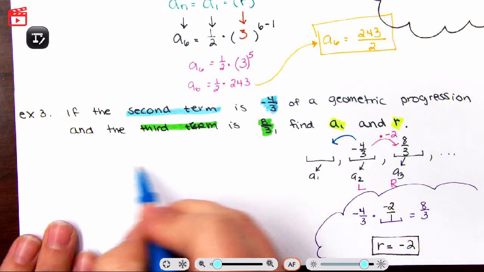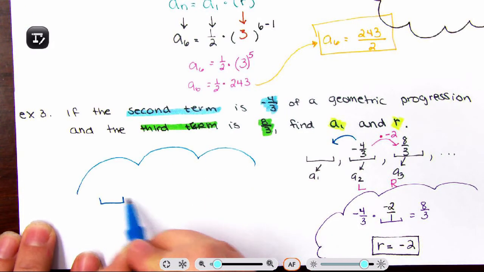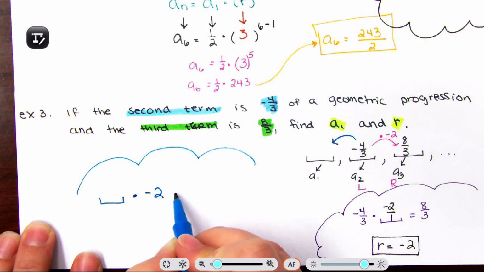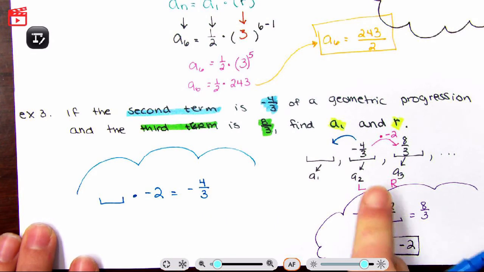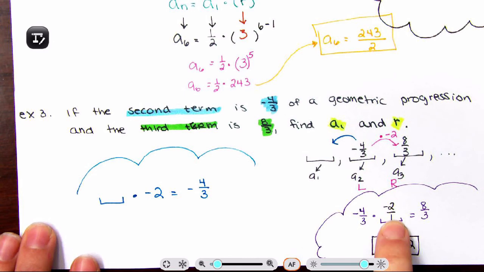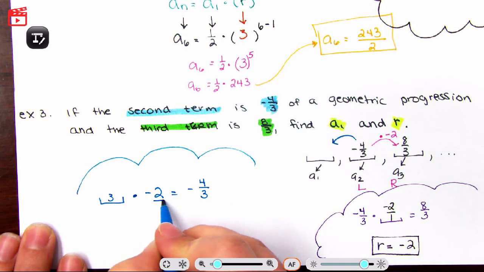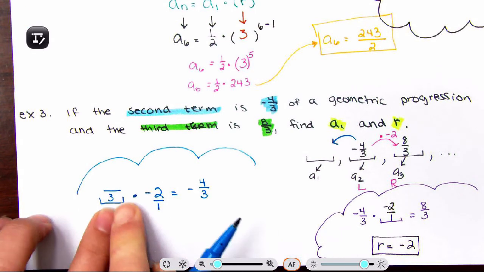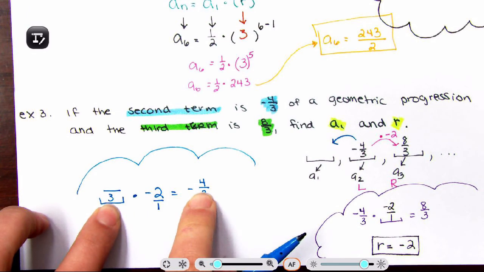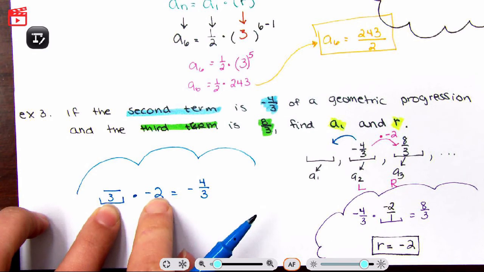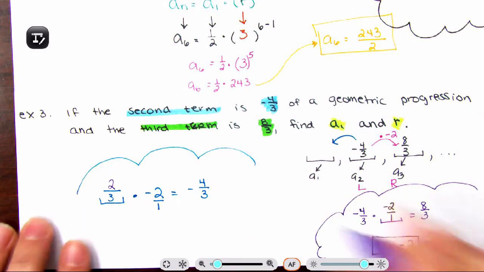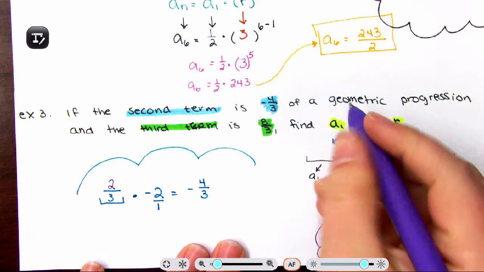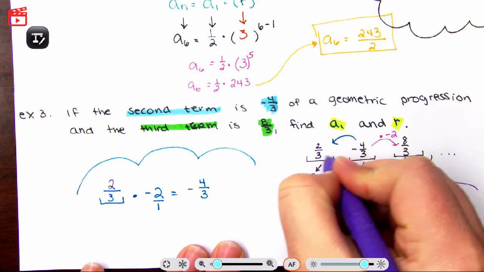So what we're thinking of now is what times -2 is -4/3. We need a 3. Remember, we had that 1 in the denominator, so I'm going to have a 3 in my denominator because 3 times 1 is 3. What times -2 is -4? That is 2. So in my first position, I have 2/3.